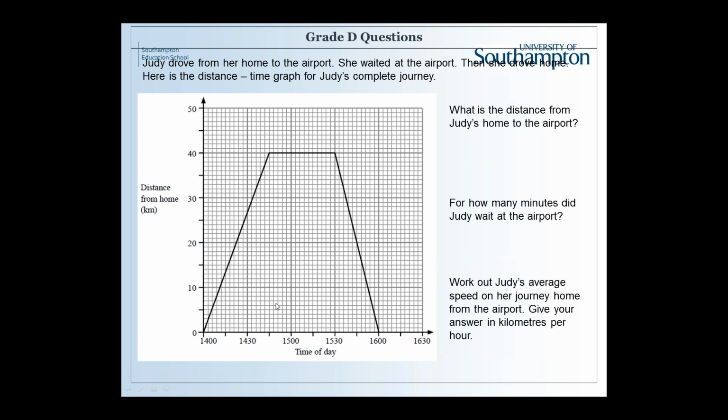So it's just getting them used to time, appreciating what's going on, reading graphs, reading scales, and so I'm not going to ask you these two, but work out Judy's average speed on her journey home from the airport, giving your answer in kilometers per hour. So just have a look. I know it's quite difficult to see on the screen, but kilometers per hour.